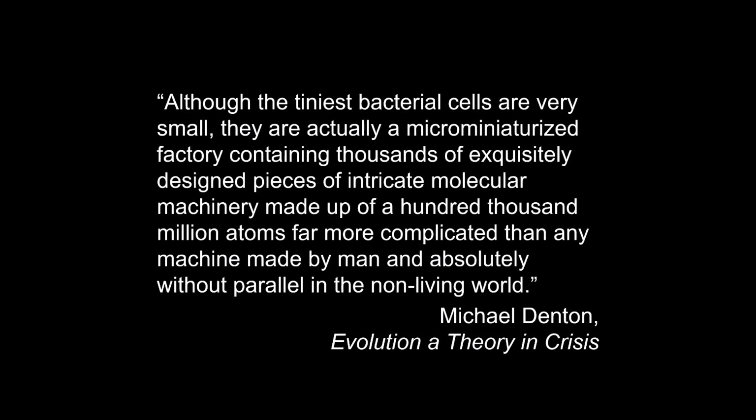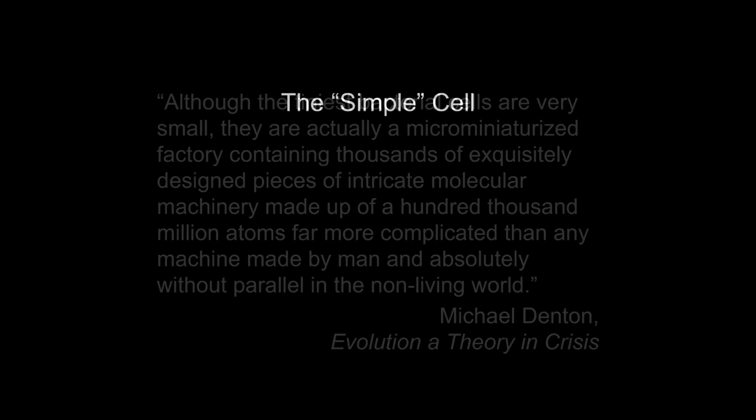He's describing what they used to call the simple cell, okay? Because Darwin thought the cell was just an amorphous blob of protoplasm, goo or something. He didn't know that inside this cell are the ability to coordinate the flow of materials in and out of the cell wall, the membrane of the cell.